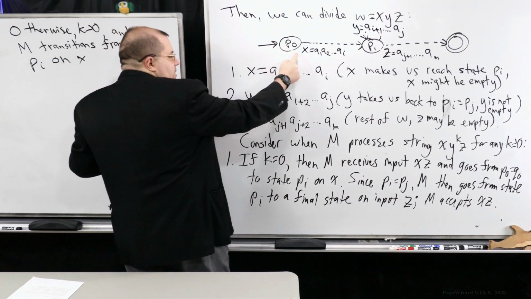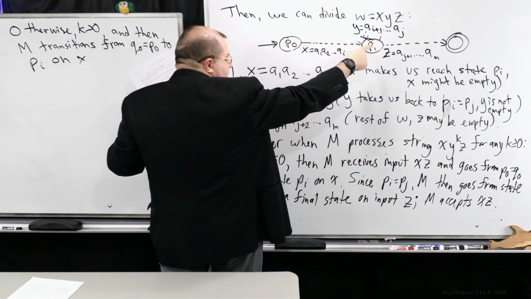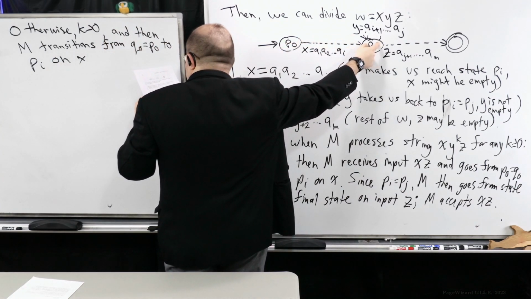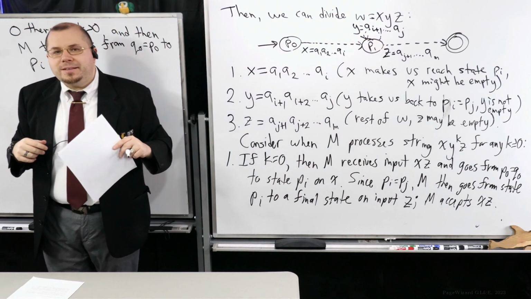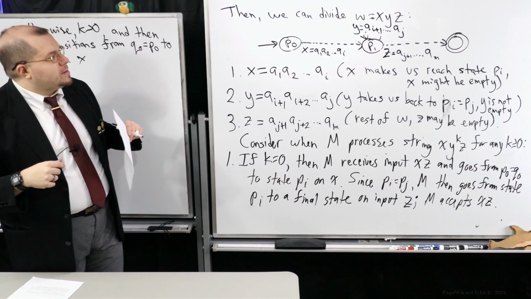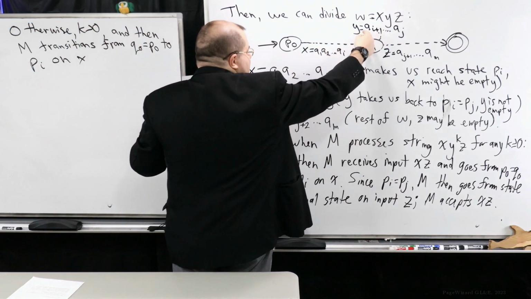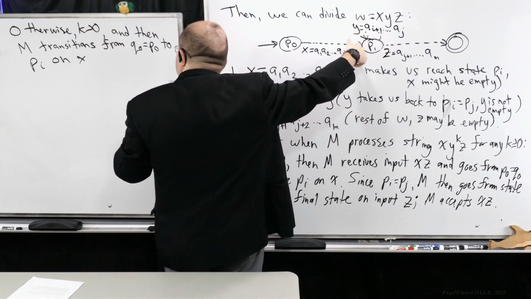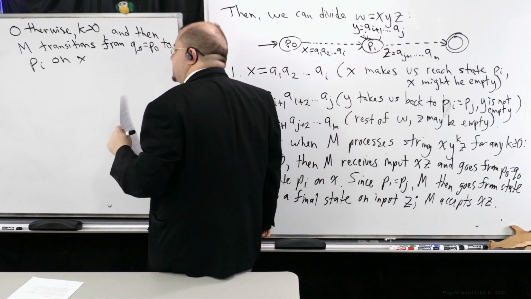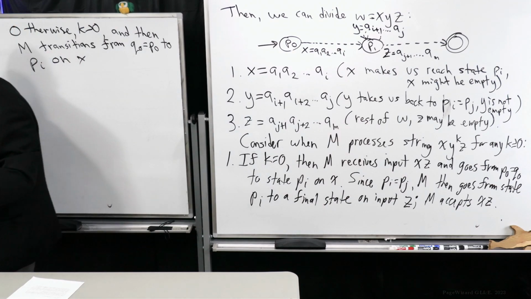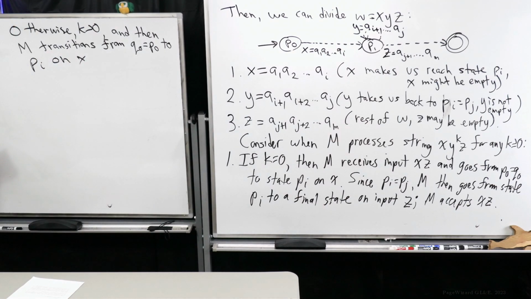It goes from here, follows along the transitions to get me here. Then what does it do? How many times does it repeat? Follow along this. It's going to use that y part. How many times?